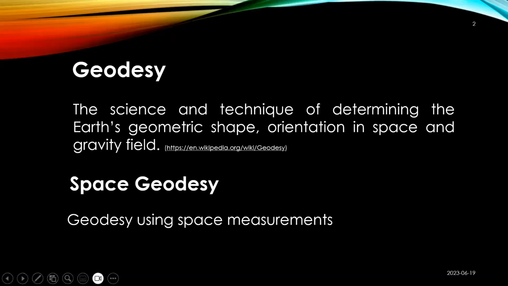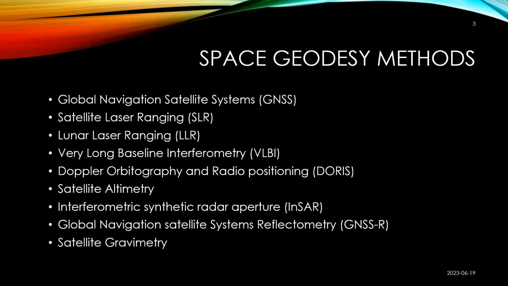So if we consider this as the definition of geodesy, what will space geodesy be? When we do geodesy using space measurements, that's called space geodesy. So these are some methods that we use in space geodesy. Global navigation satellite systems, you know them very well, GPS, GLONASS and other positioning systems.